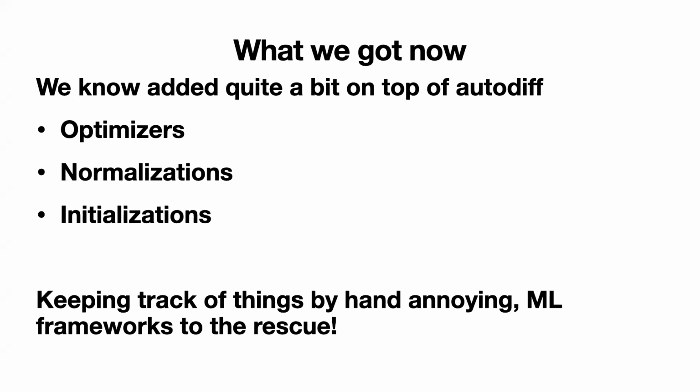We added optimizers. We added being thoughtful about normalization, like data normalization, internal covariate normalization, initializations, and so on. Doing all of these things by hand is super annoying. I hope the exercises showed you that. Basically, there would be no papers in machine learning if you had to do this by hand, so all the machine learning frameworks are designed to make this as painless as possible.